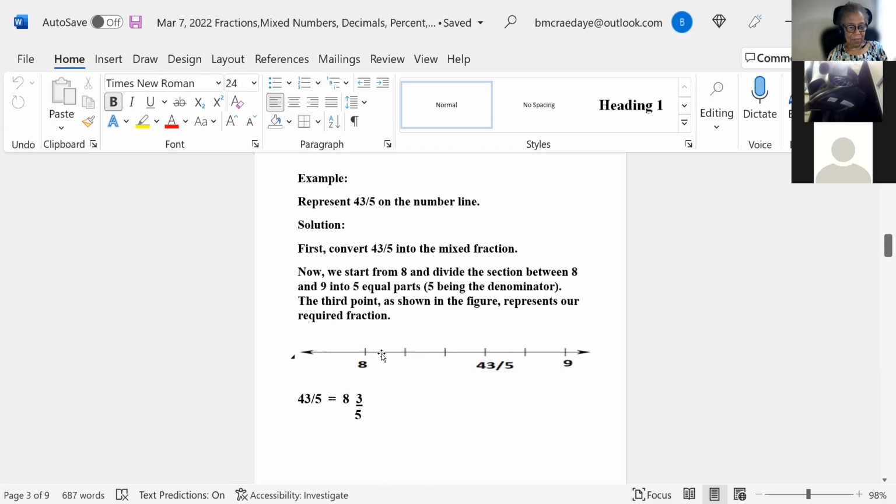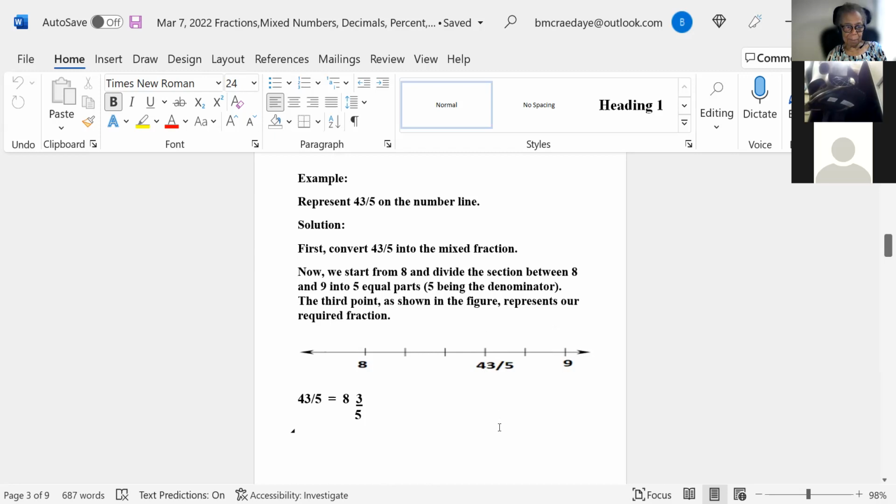So if I have between 8 and 9 increments of 5, 1, 2, 3, 4, 5, there's my 8, there's my 3/5. So 43 over 5 on the number line would be right here between the 8 and the 9. This point right here would be the 8 and 3/5.